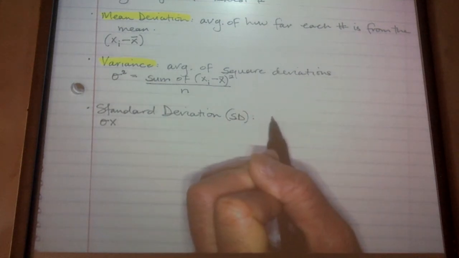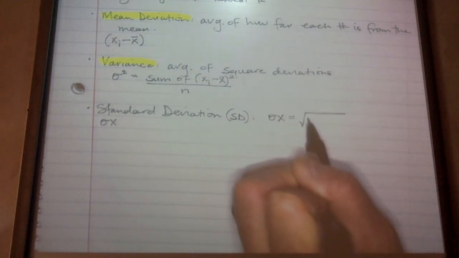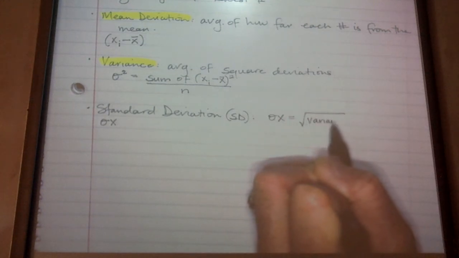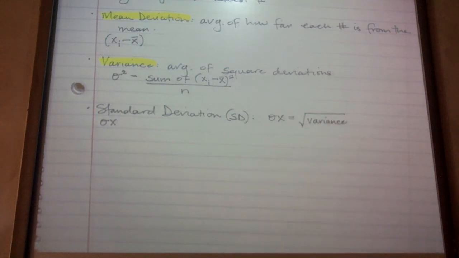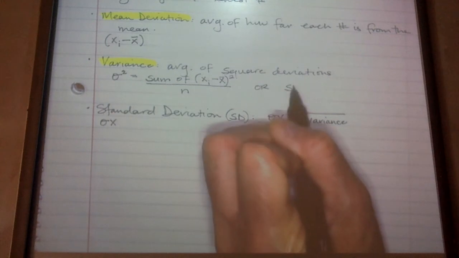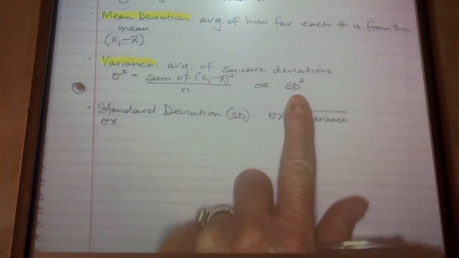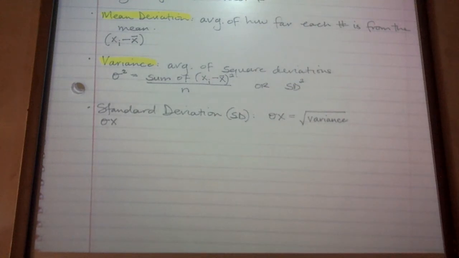Standard deviation equals the square root of whatever you got for your variance. Okay? Also, variance would be your standard deviation squared. So it's this formula, or if they give you standard deviation, it would be standard deviation squared.